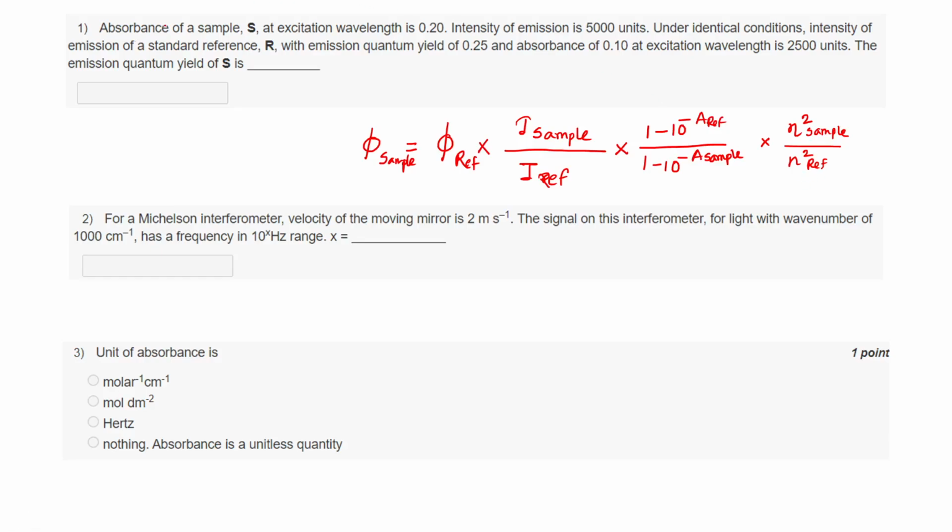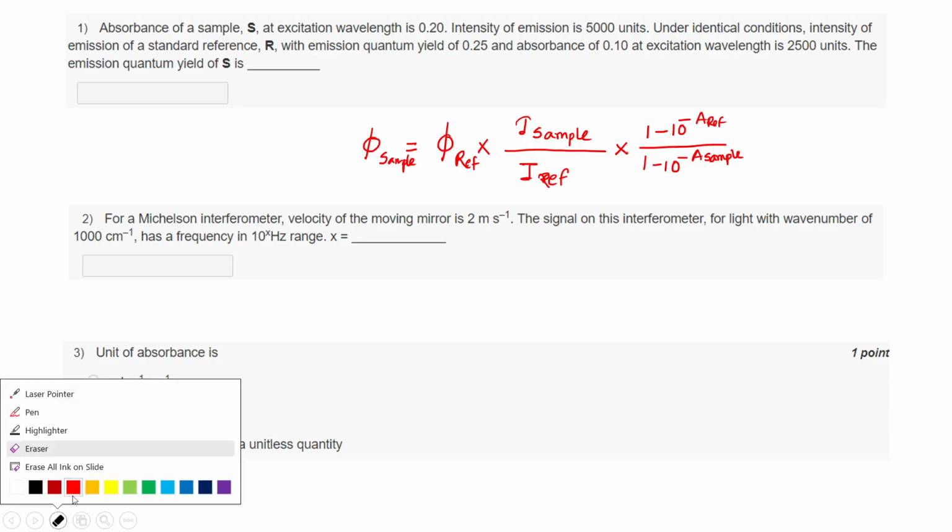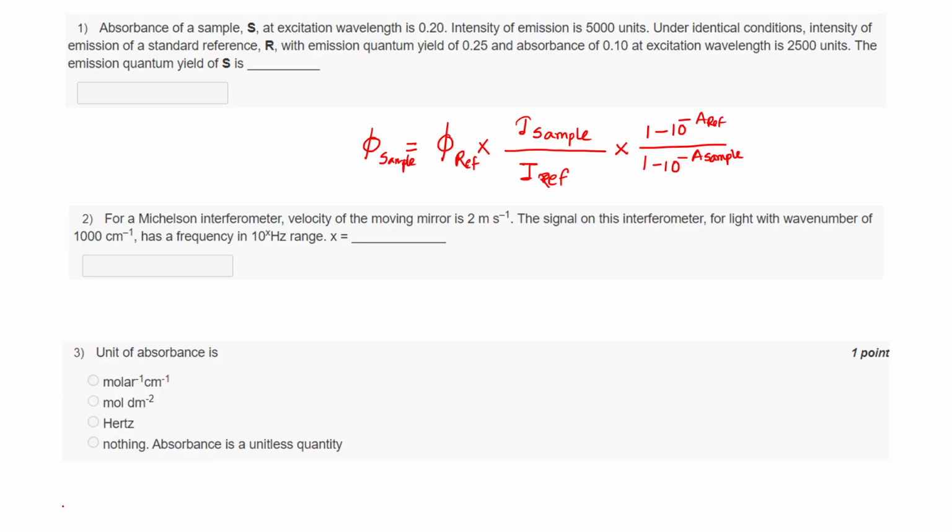For this particular question, I think they are taking the same solvent, so I can erase this part. I will not think about this, and let me put the other values in a different color.